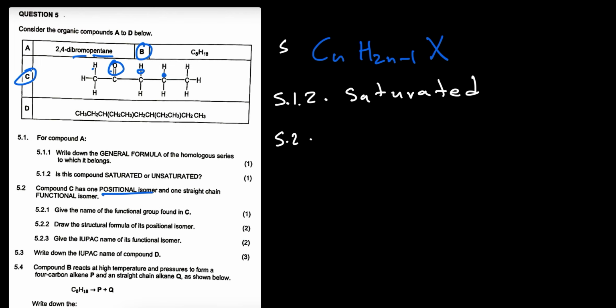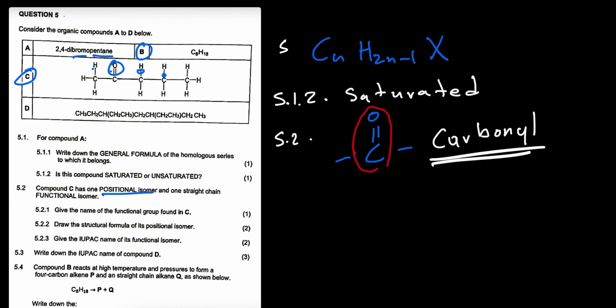They say we should give the name of the functional group found in C. Remember, the functional group found in C is given as this. But what is the name of this? If you look at this, we have oxygen and carbon. For us to name this functional group, we say the name of the functional group is carbonyl.